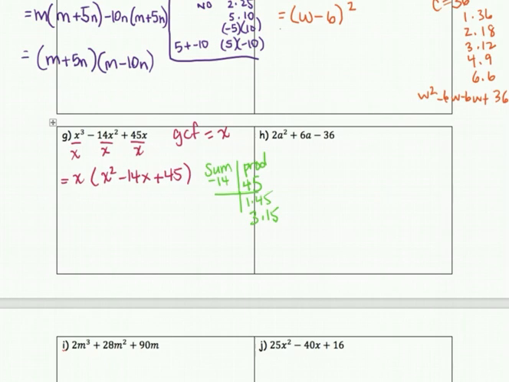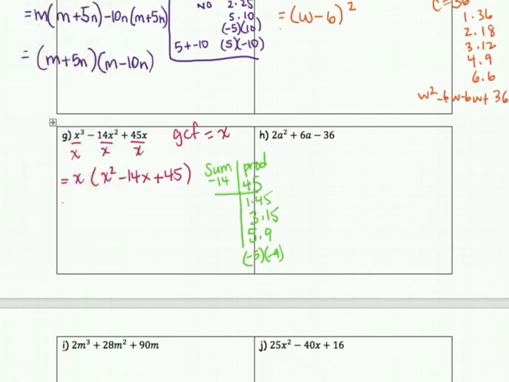And then that gets us to 5 and 9. Will 5 plus 9 make 14? Yes. Oh, but there's an issue here. We need negative 14. So what can we do? Positive 5 and 9 will not make negative 14, but if you make them both negative, that'll work.